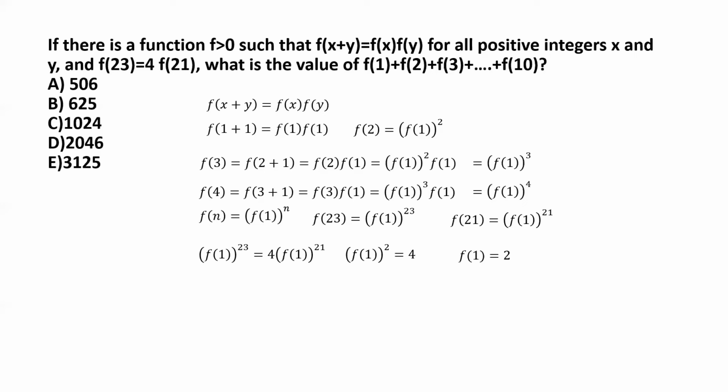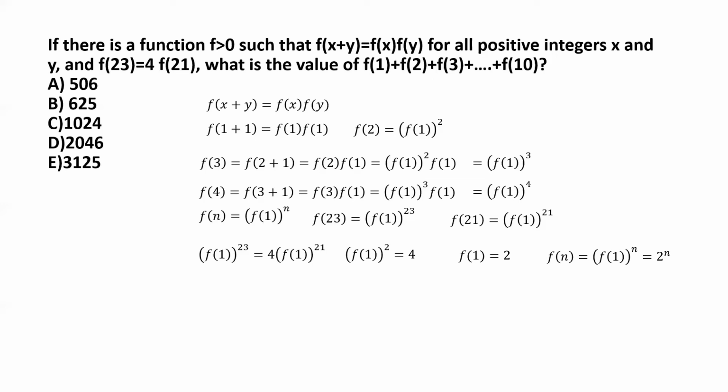We can ignore the negative square root, because the function f is defined to be positive. Once we have f(1) equal to 2, we go back to the generic definition of f(n) which we obtained earlier. So that makes f(n) equal to 2 to the power n.